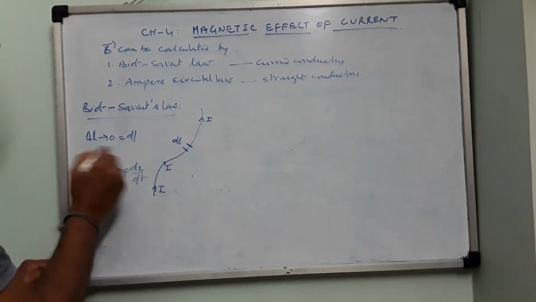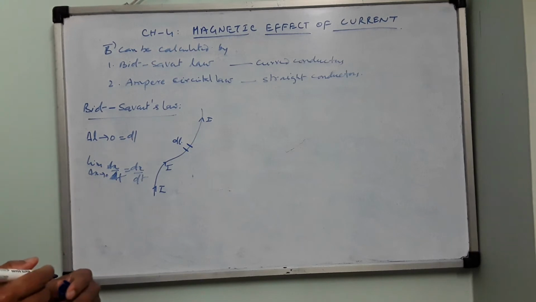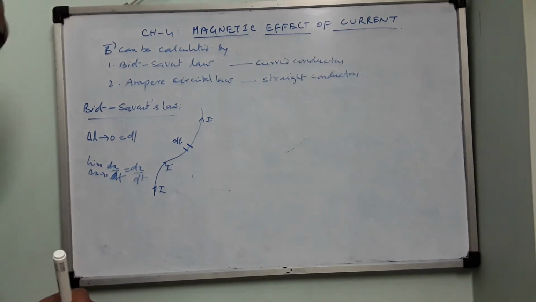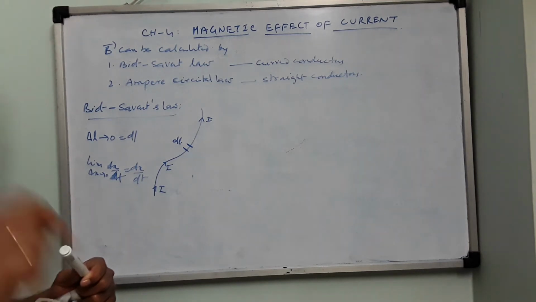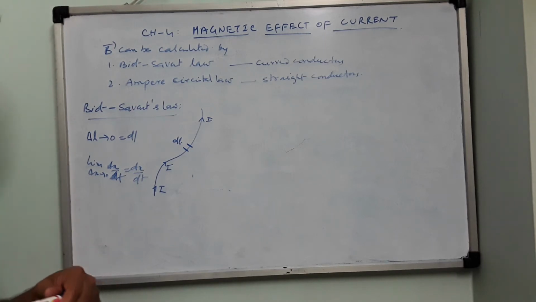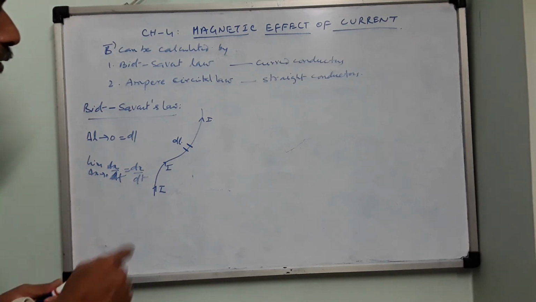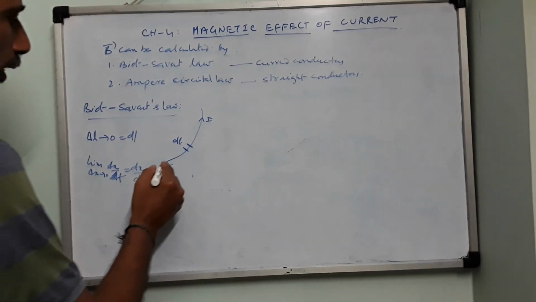So when the intervals approach very small, delta is replaced by d. So dl is infinitesimally small, a new word you are listening to. Infinitely large is the opposite; infinitesimally means very small. So dl is a very small element which carries a current like this.